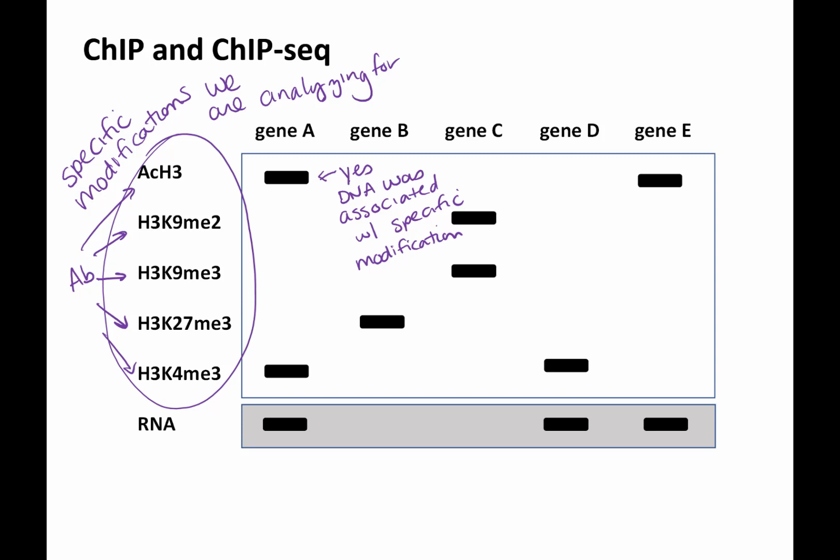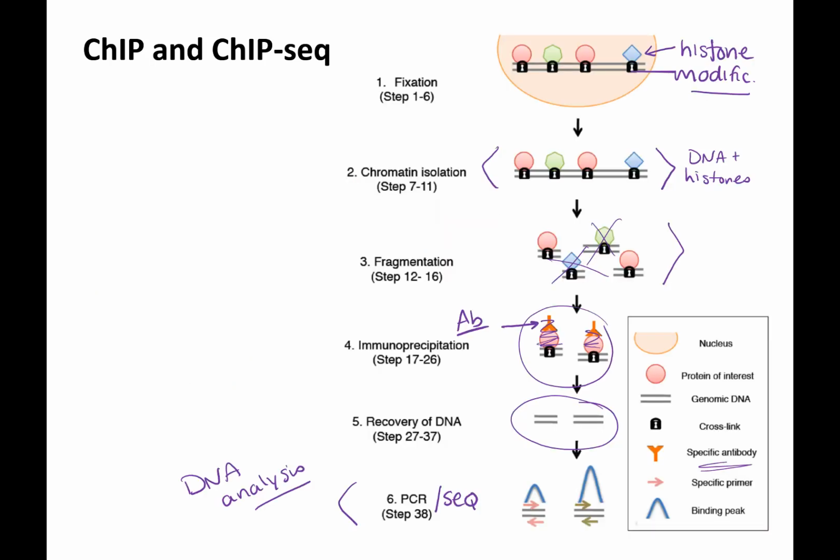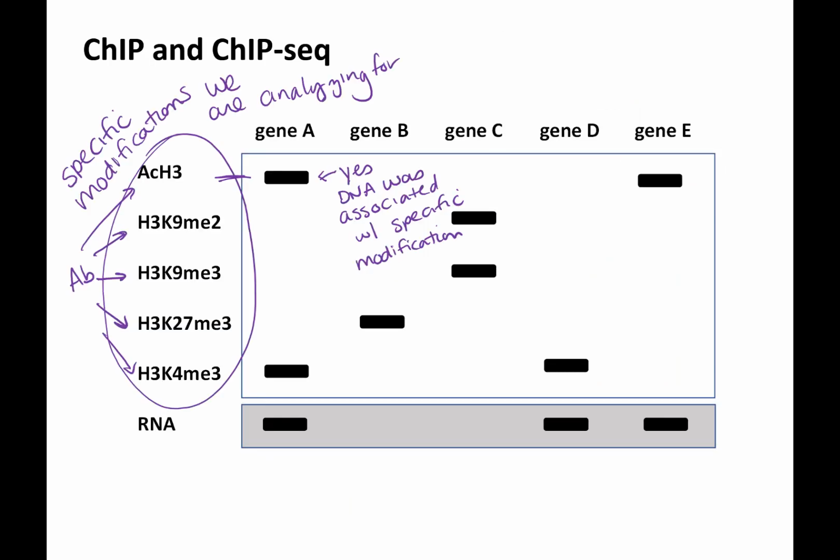So gene A was immunoprecipitated with acetylated H3. Back here, if our antibody was to acetylated H3, then it would pull down gene A. And gene A was also associated with a methylated H3 histone. You can read across like this which modification was associated with which gene. So this is just a yes or no assay.